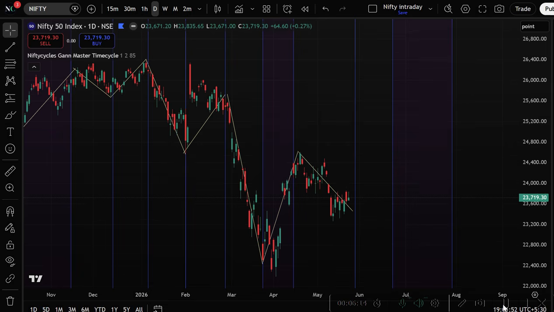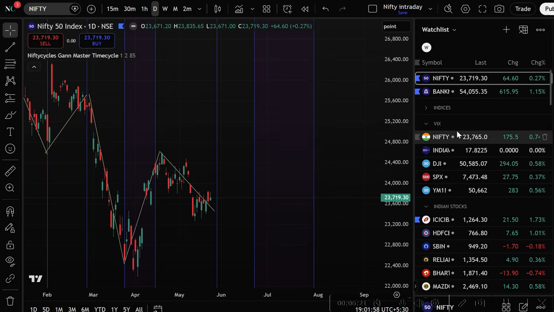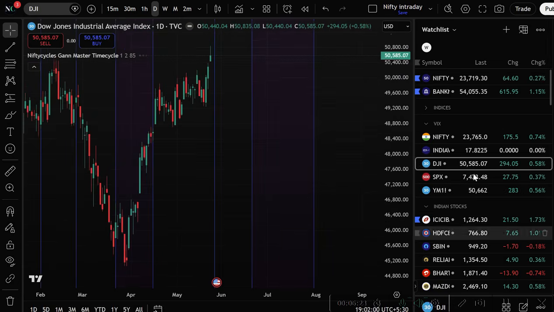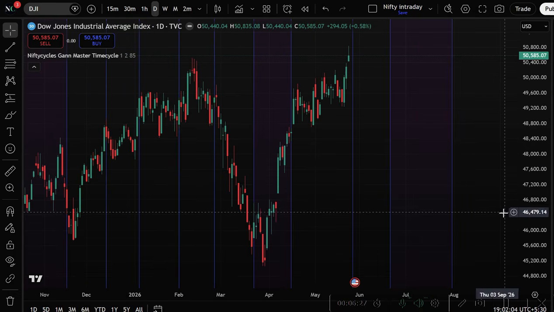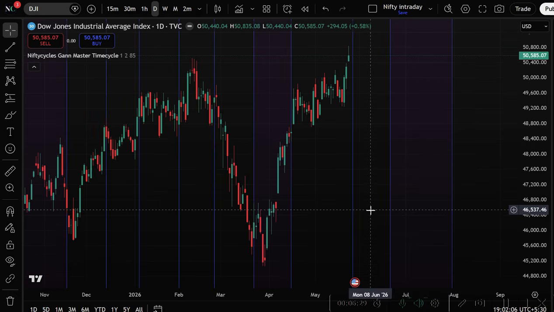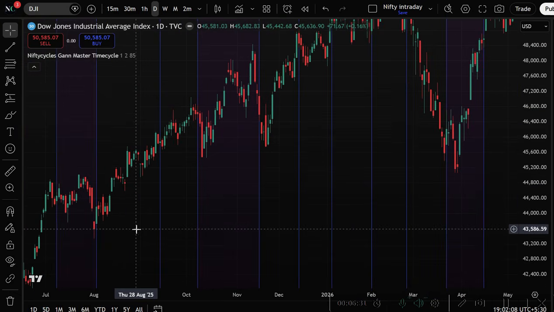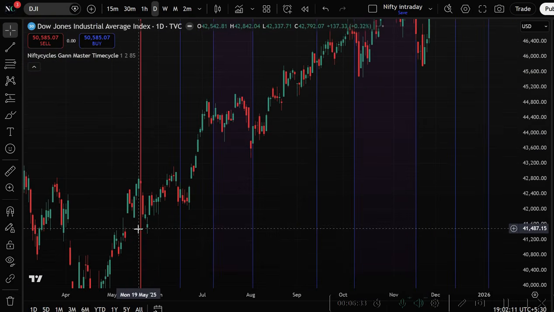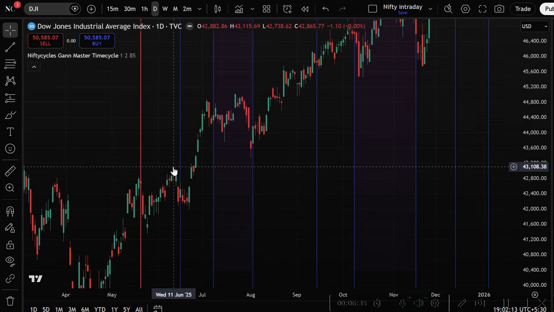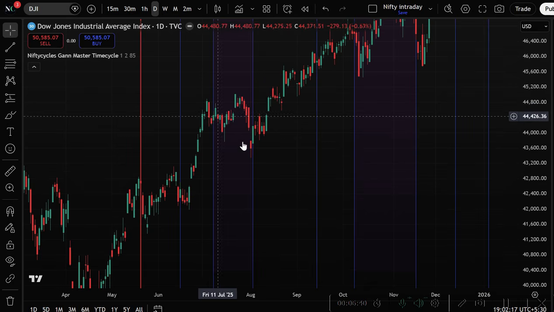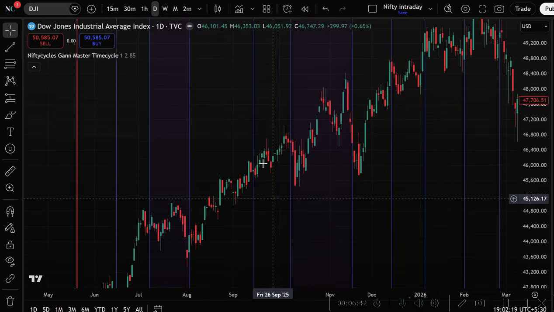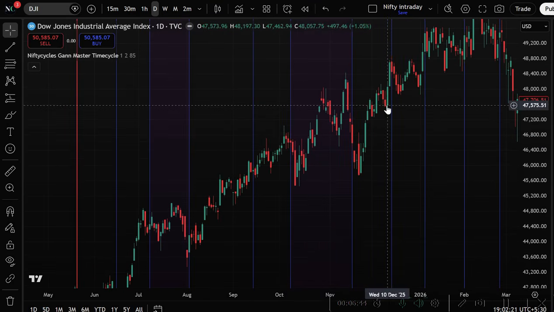So let's see how to get this working on some other stock. Okay, let me go and open some other stock. Let me select Dow Jones. Okay, now let's say I don't have the Dow Jones anchor. Now does this anchor fit? Let's see. It goes from a low to high, or high to a low, then high, low, high, low, high.